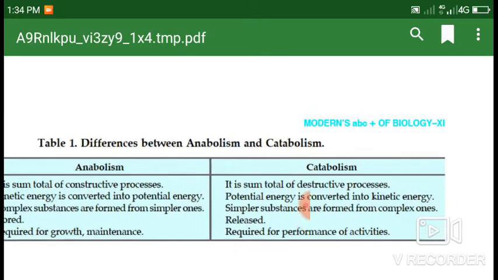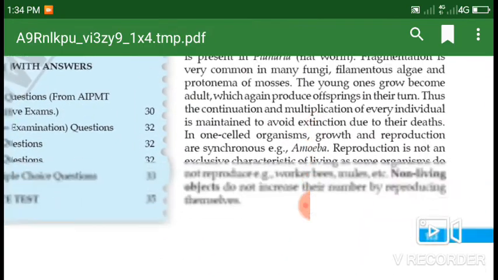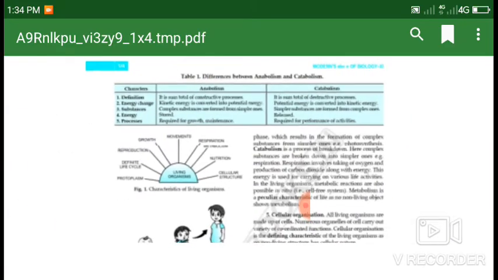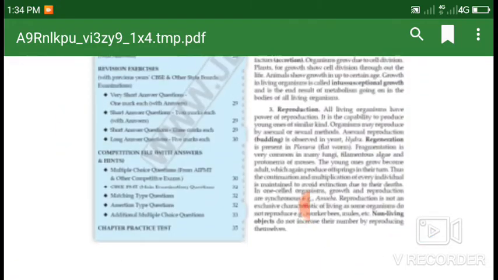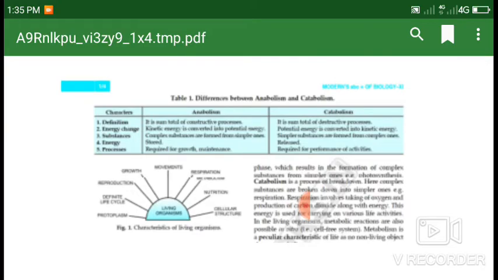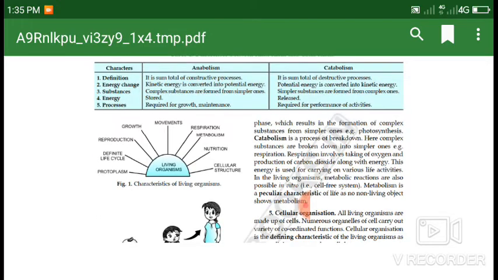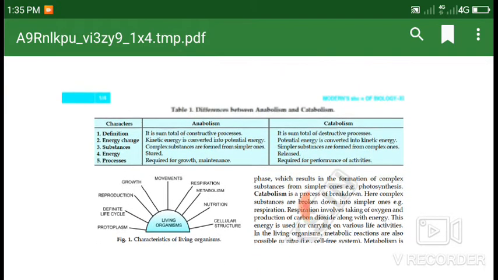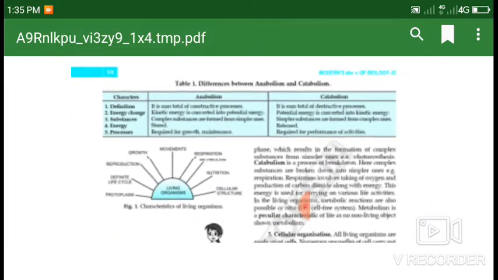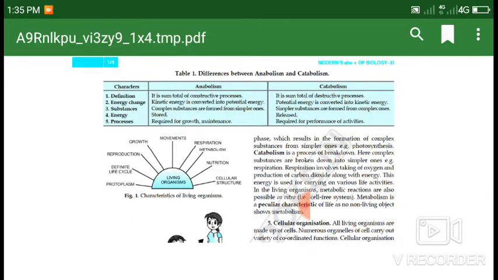So in this way we have discussed reproduction. Now we are going to look at the differences in metabolism. Metabolism has two processes, anabolism and catabolism.